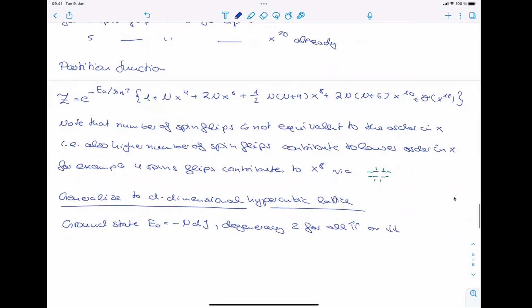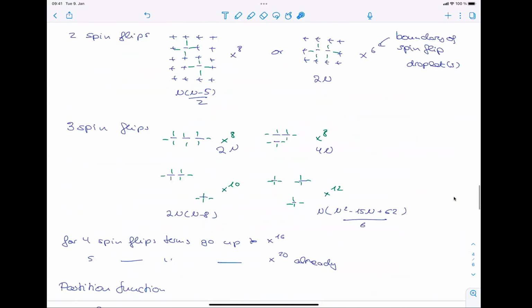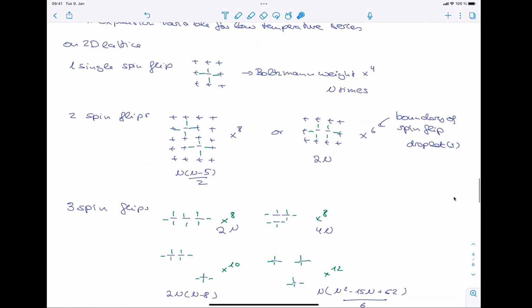So that's the ground state. So I can then write my partition function as 2 e to the power of n d beta J. And now for my correction terms, I'm just going to rescale this exponent with the dimension that's playing a role. So instead of, if I have a single spin flip and I'm in 2 dimensions, it's 4.